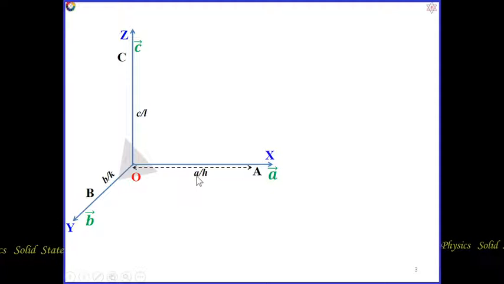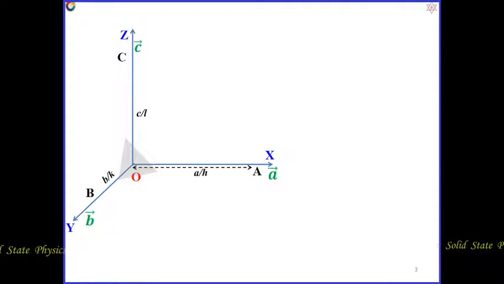For that we have considered orthogonal axes x, y and z, with lattice vector a along x, b along y, and c along z. Initially we consider that the first plane passes through the point O, the origin.